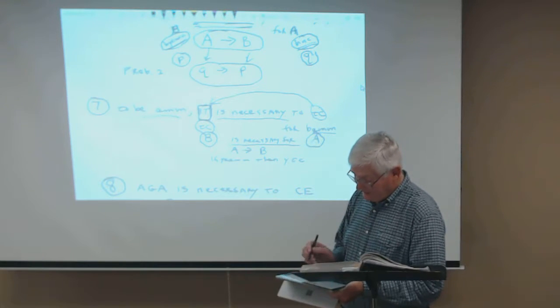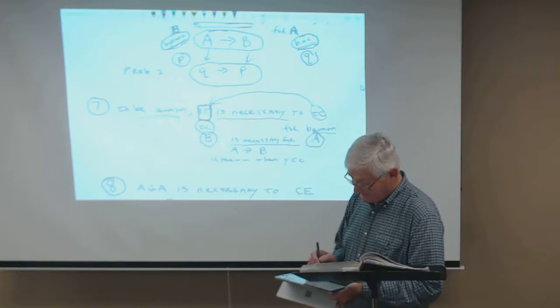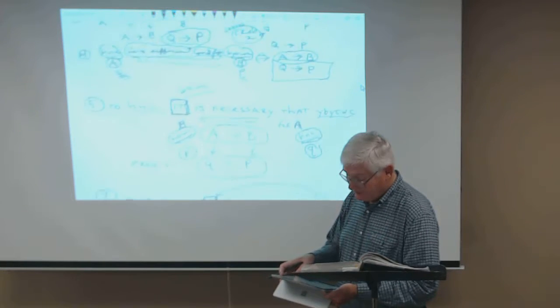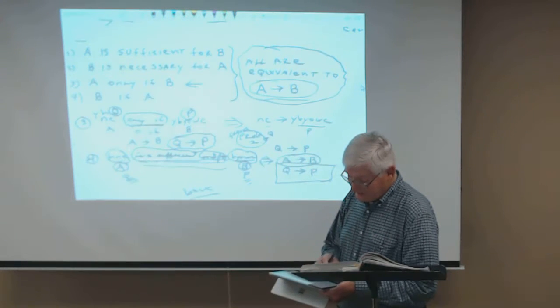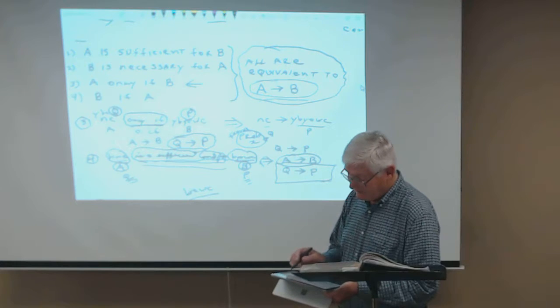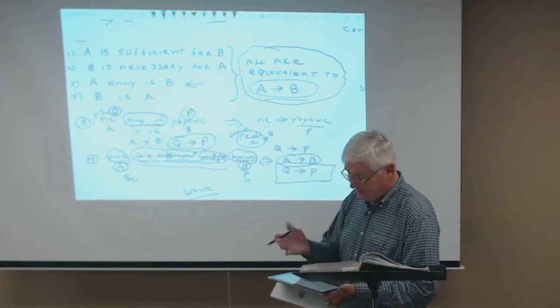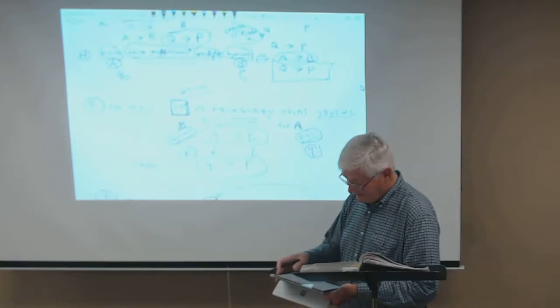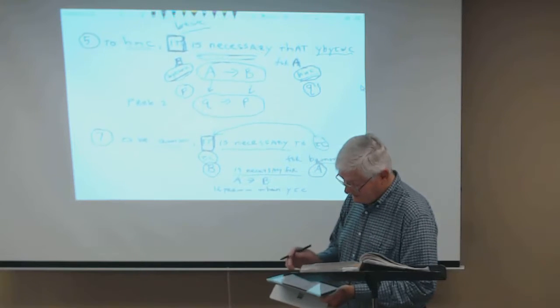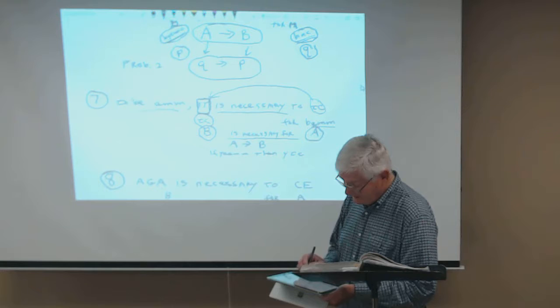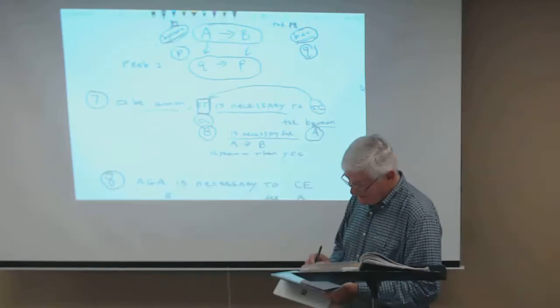Now we have to put it in if-then form. And what's the if-then form for B is necessary for A? Back to the chart. B is necessary for A is equivalent to if A, then B. So you see how you're switching them here? Necessary means that if A, then B. So I come down here and go, B is necessary for A is if A, then B. And what is A?